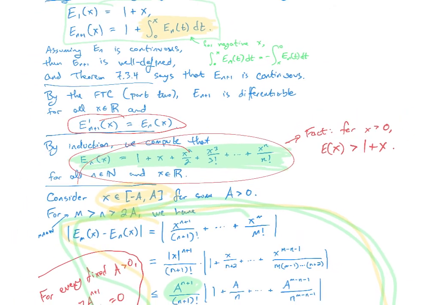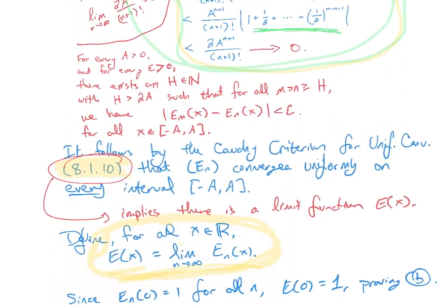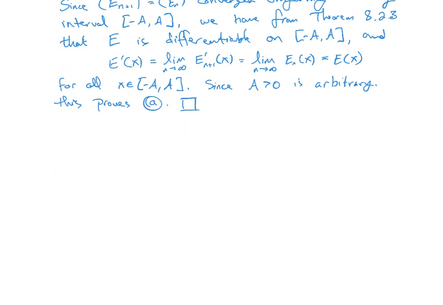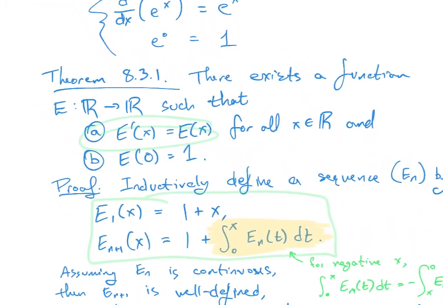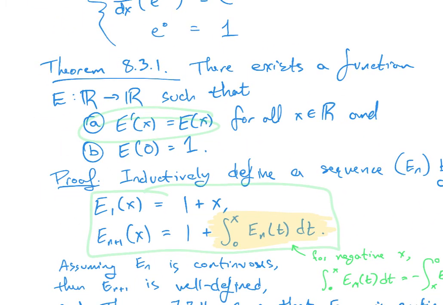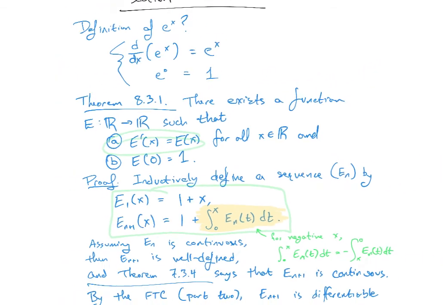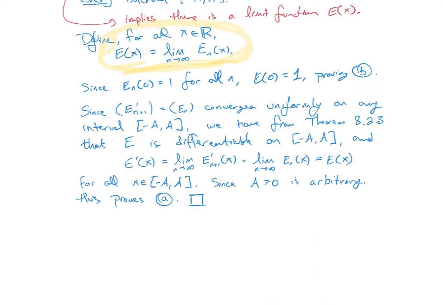What about, I was asked, when we stated this theorem, theorem 8.3.1, do we want to insist that it be unique? We do. We just didn't want to throw it into that theorem.